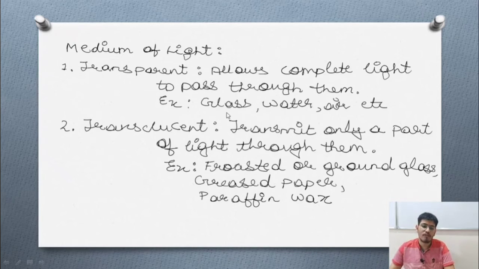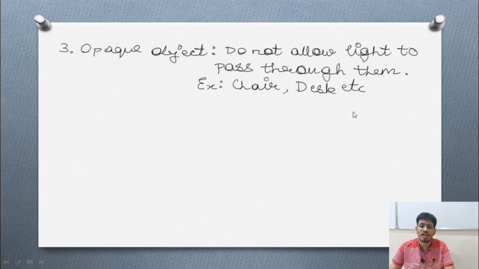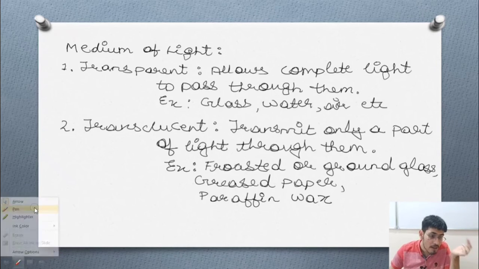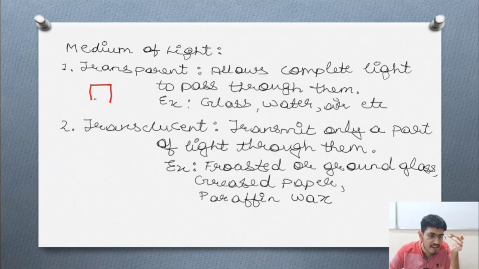Examples of transparent medium of light, as I told you, glass, water, air, etc. All these mediums of light are known as transparent medium of light. So what is happening basically in a transparent medium? Suppose that this is a transparent medium. You are providing light from here.